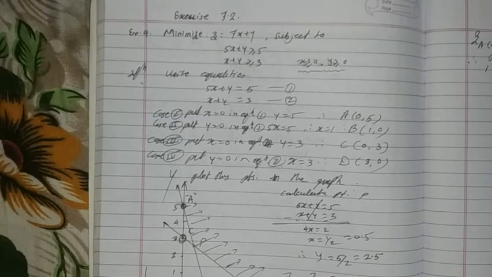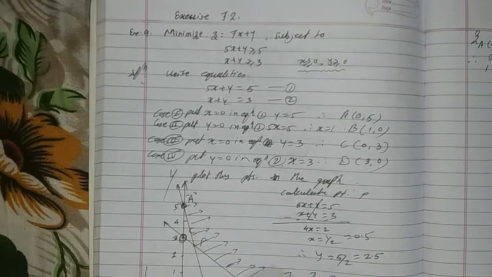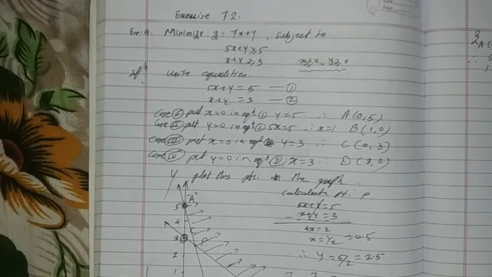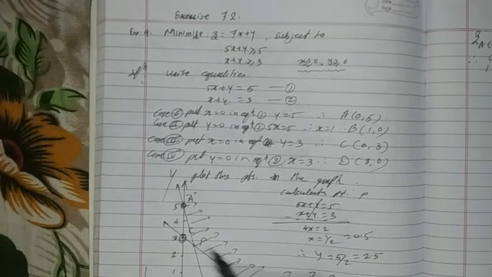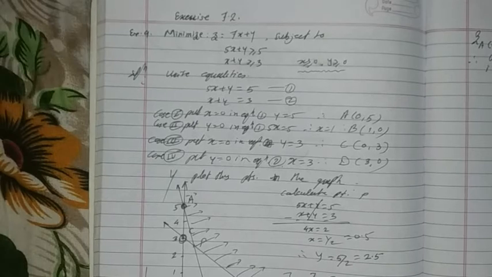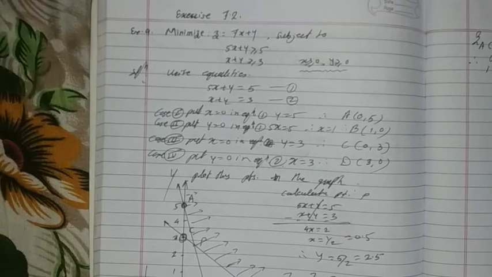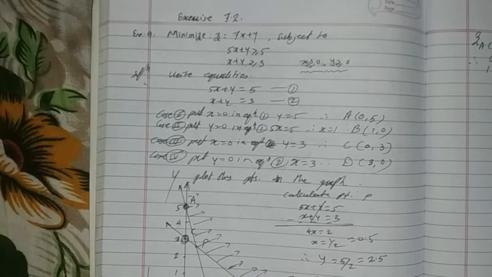Then we have to join A and B. That is the equation 5x plus y is equal to 5. Then second line CD. CD is the equation x plus y is equal to 3. These lines we have to join. Then we have to take the feasible region.